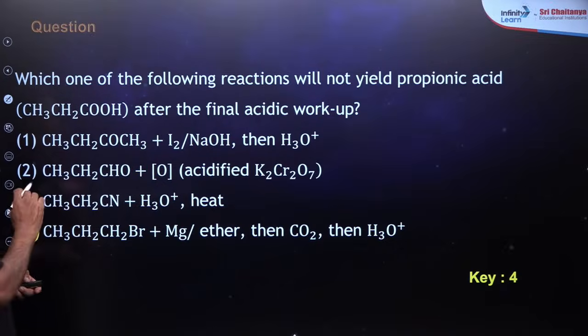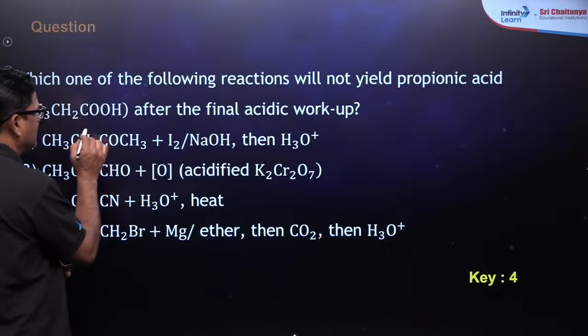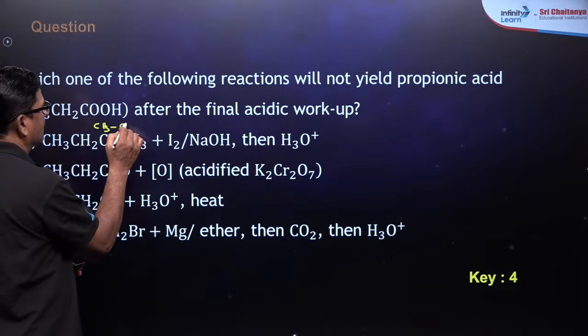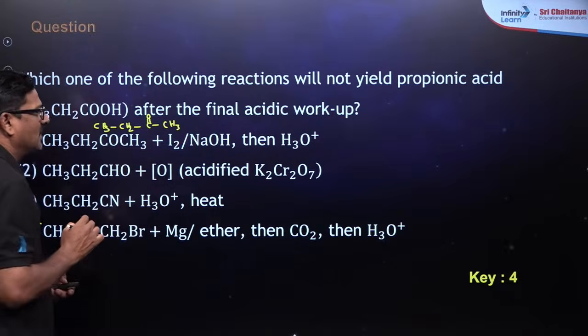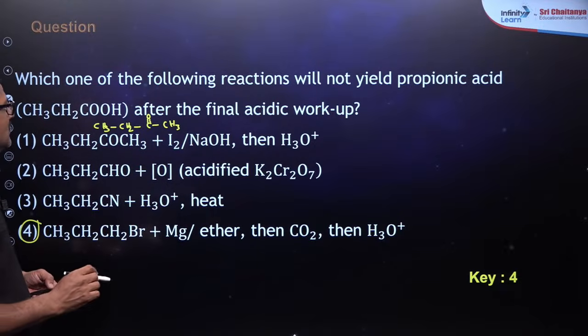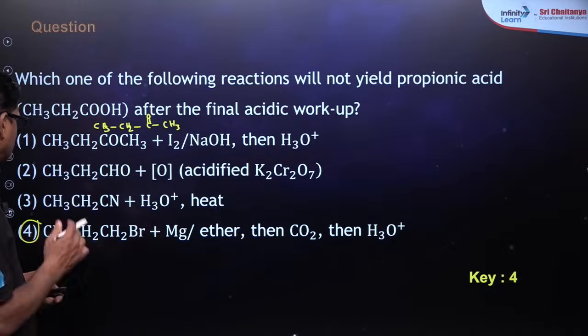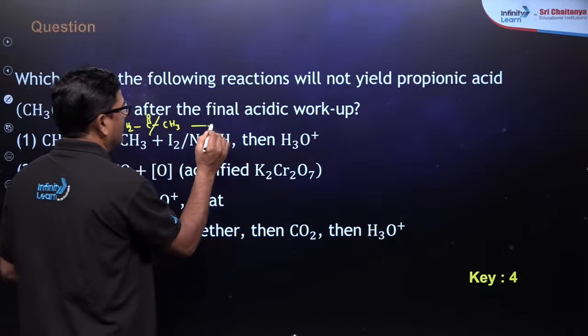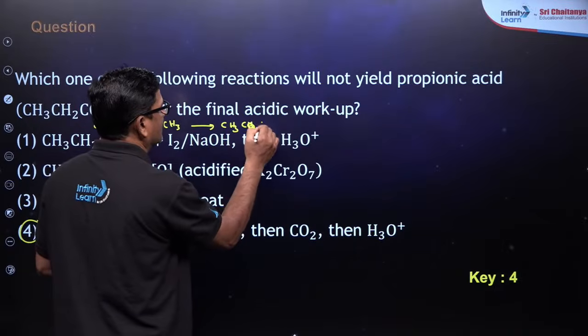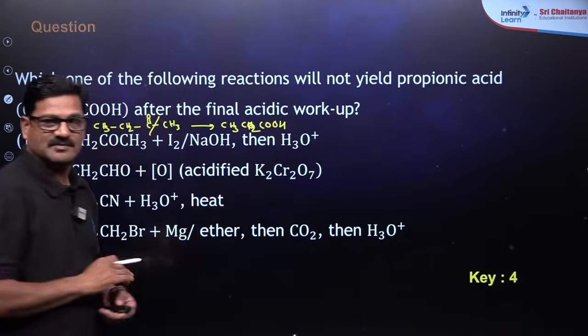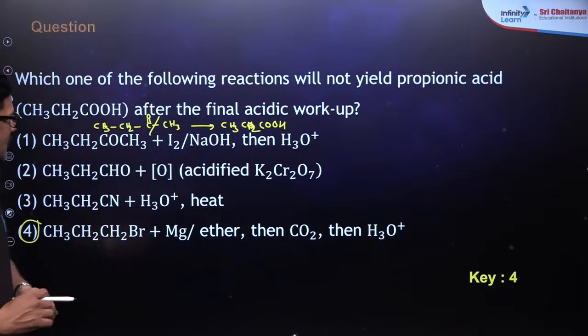Let me check the other options. CH3, CH2, C double bond O, CH3 gives the iodoform test, so it is going to break here and give CH3COO and CH3CH2COOH. Propionic acid is given, right?